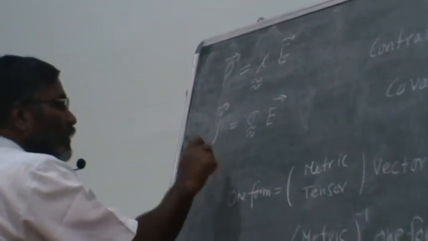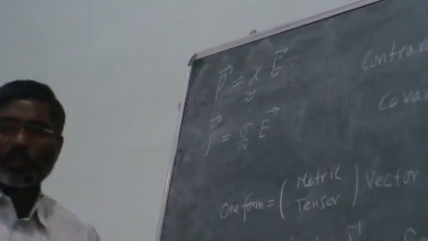So these physical tensors are all second rank tensors, where two vectors are proportional to each other. Each component can be proportional to each other.